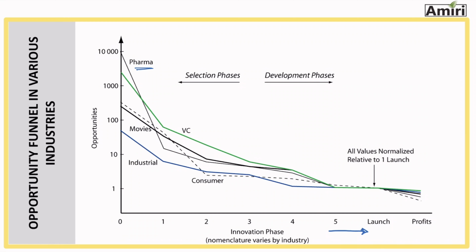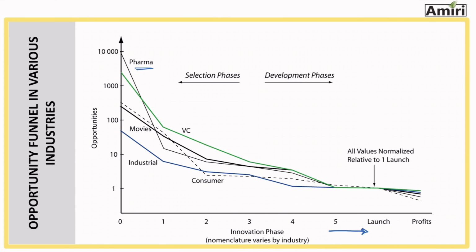When it comes to venture capital, it's a little bit less, but still more than 1,000 different opportunities are created. This is the initial opportunity creation. But for both of them, you can see how quickly it drops. So that means a lot of them are filtered out in that first filtration process, or screening. So screening drops a lot of numbers.